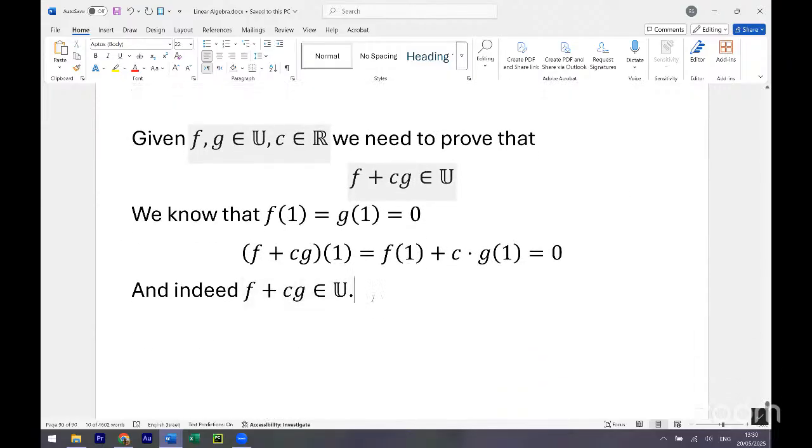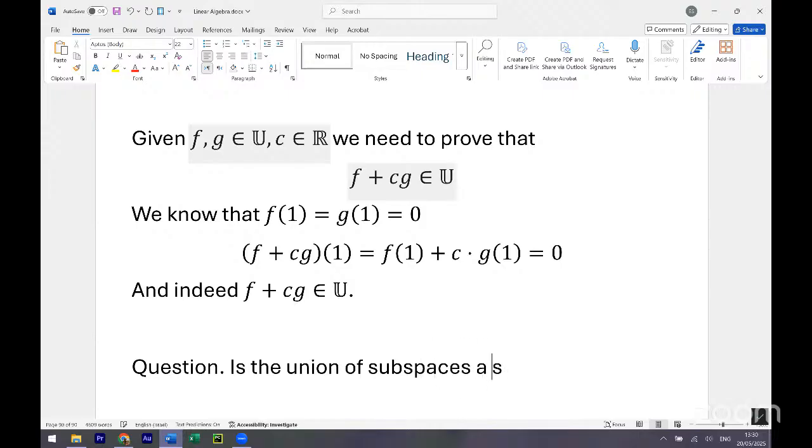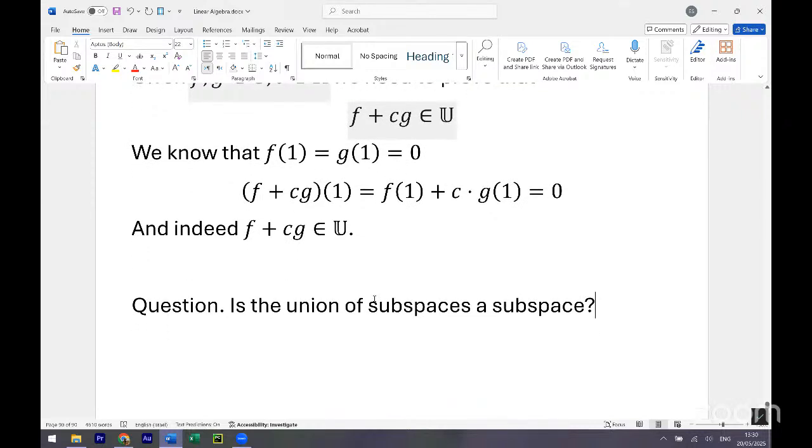Okay. Now next. Question. Is the union of subspaces a subspace? Not necessarily. Why?